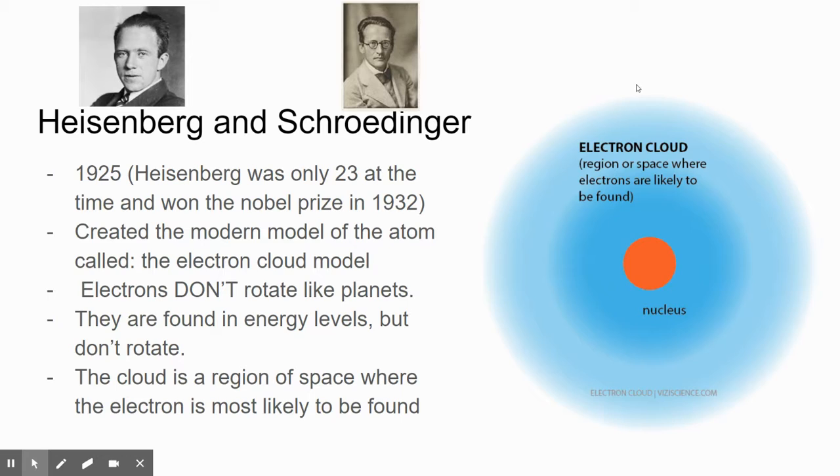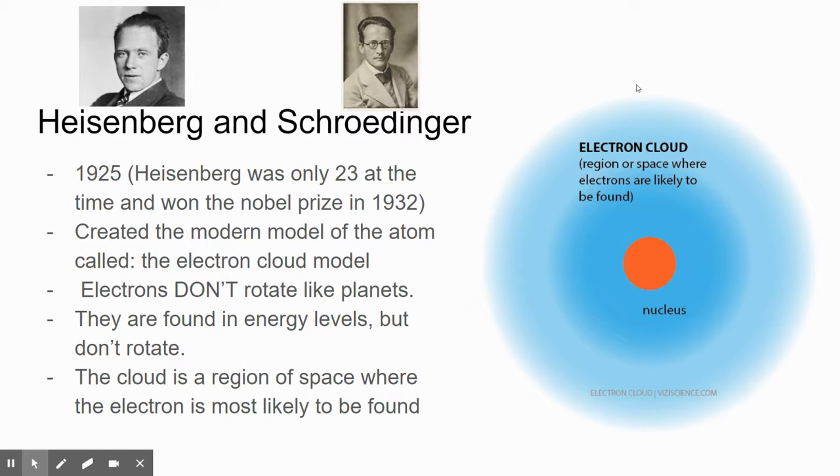You can't actually figure out exactly how fast or where the electrons are at any given time. You kind of have to guess. You don't really know for sure. So instead of going around like planets around the sun, they were just found in a given space. Okay, and they call it the electron cloud, the space where electrons are likely to be found.